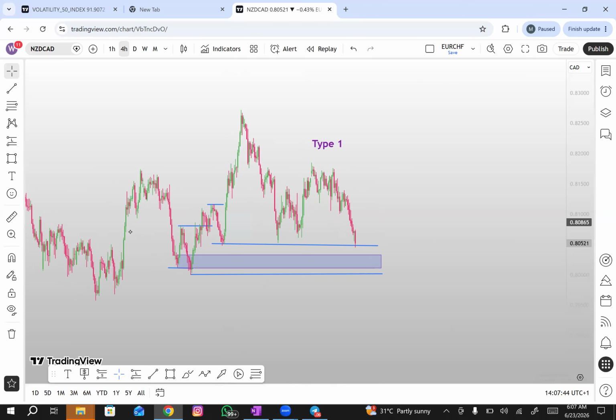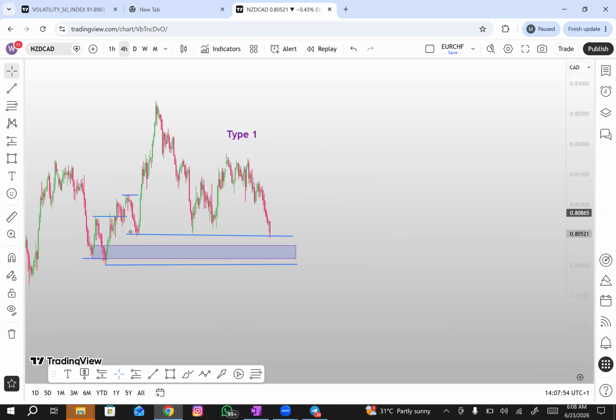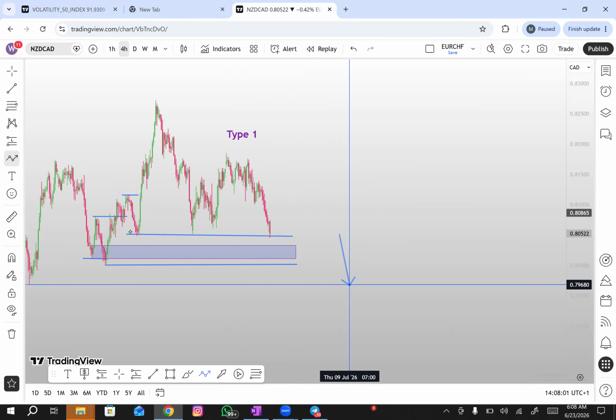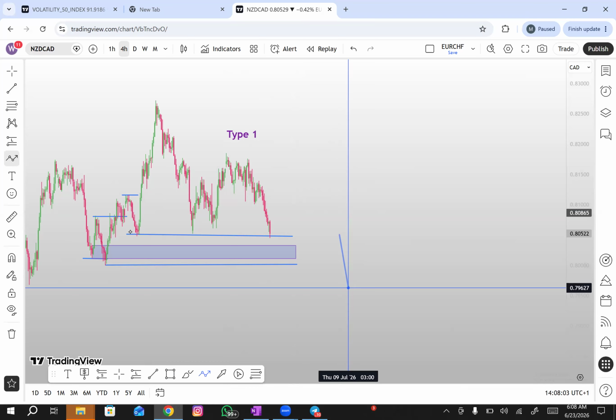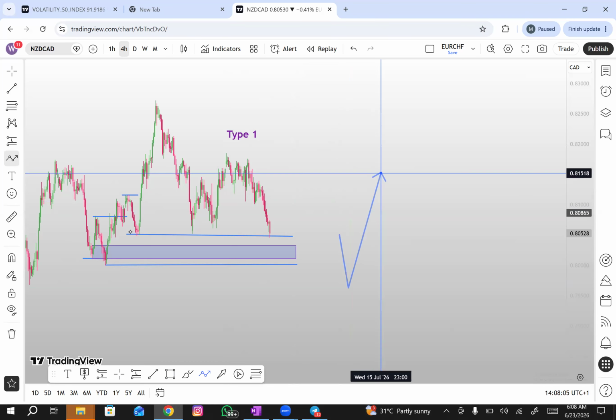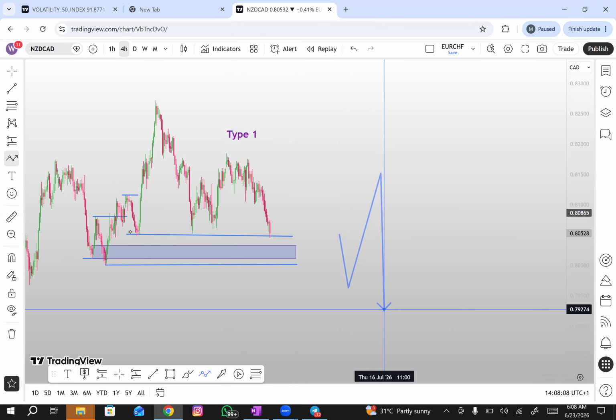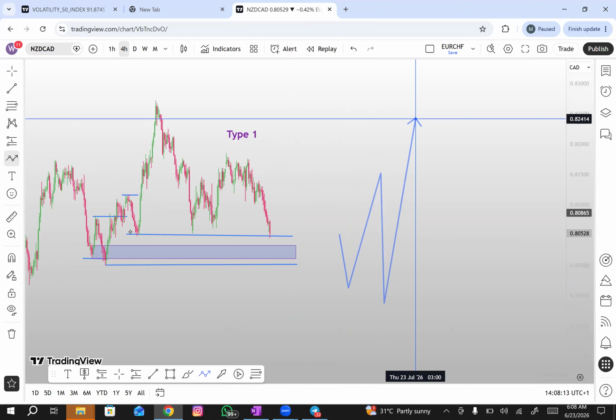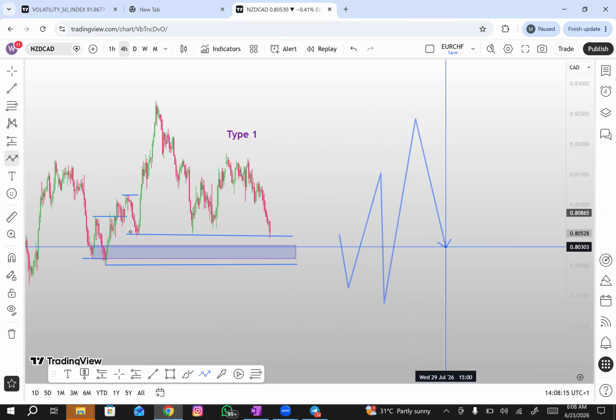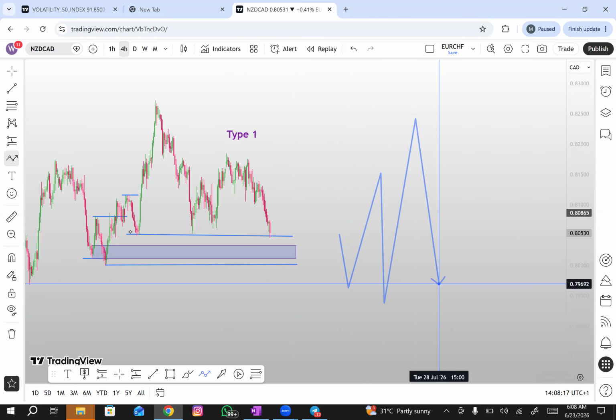So I told you we have two types: the order block and then the QMR. And I demonstrated to you that QMR is usually like this. Price will sweep, break structure, and then come back into this line.